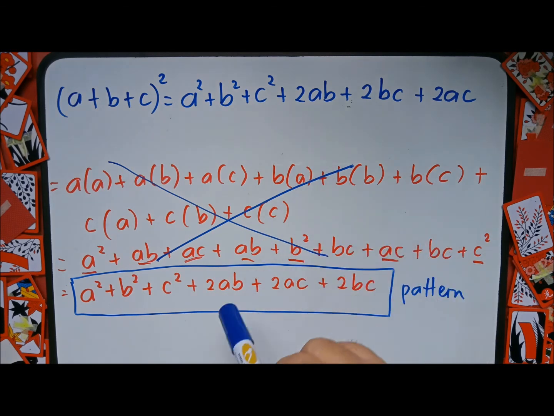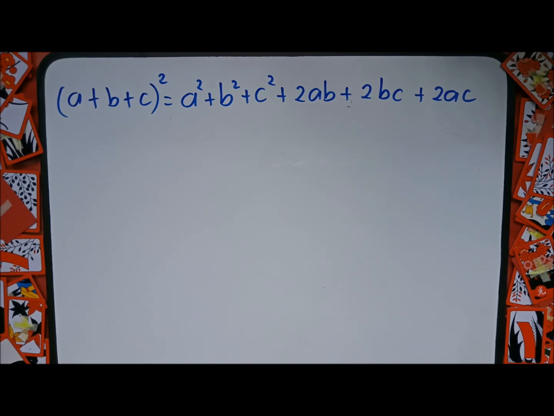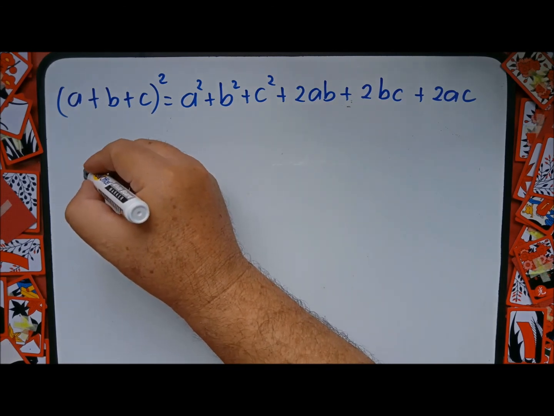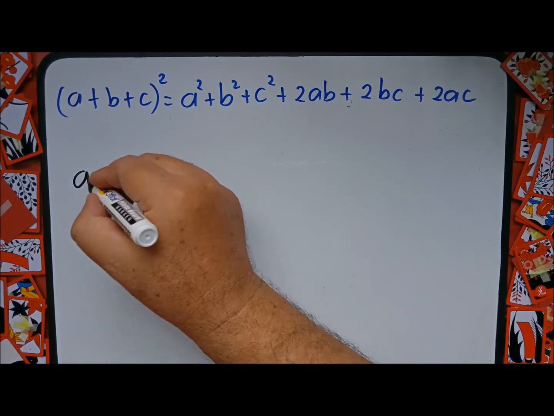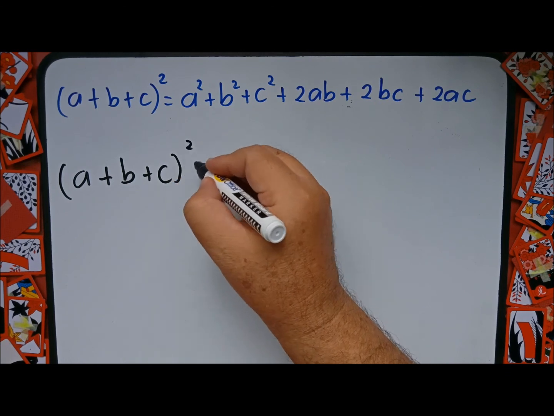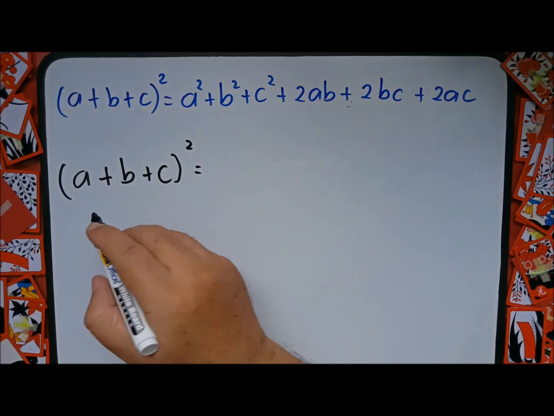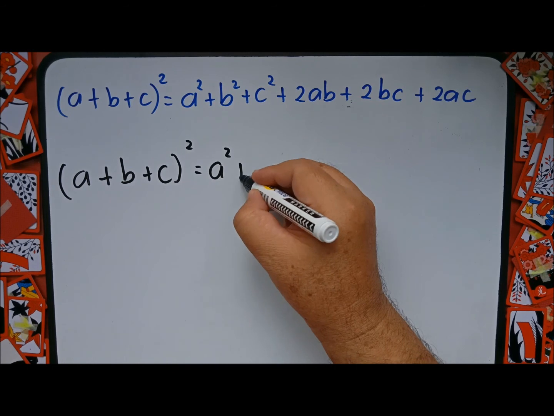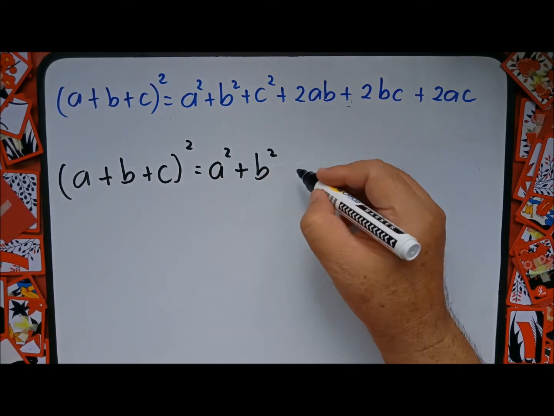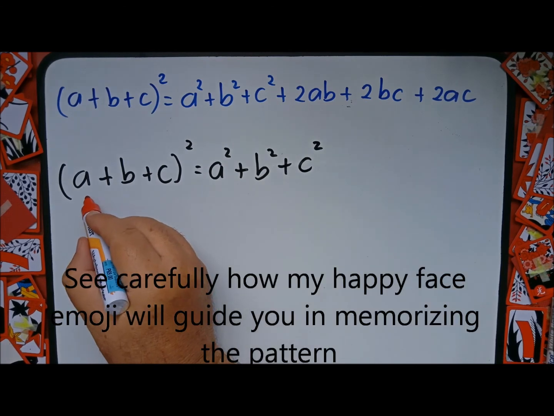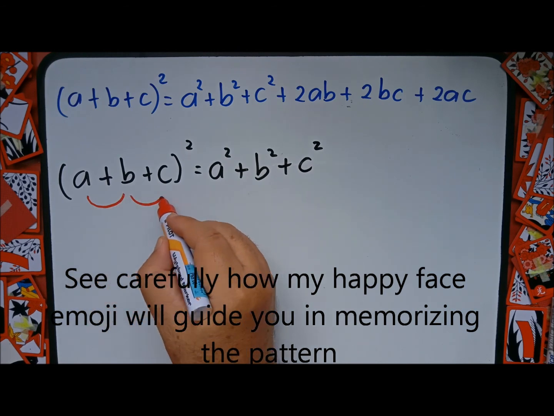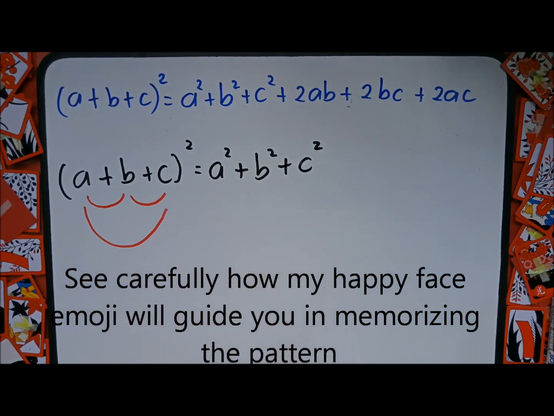Okay, now it's just the same: 2AB, 2BC, 2AC. Usually I am doing it like this. (A + B + C)² is equal to, you have to square the first term, square the second term, square the third term, then AB, BC, then AC.